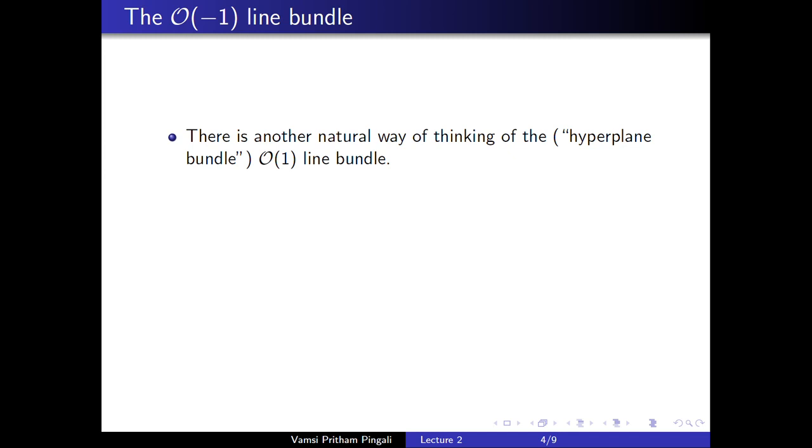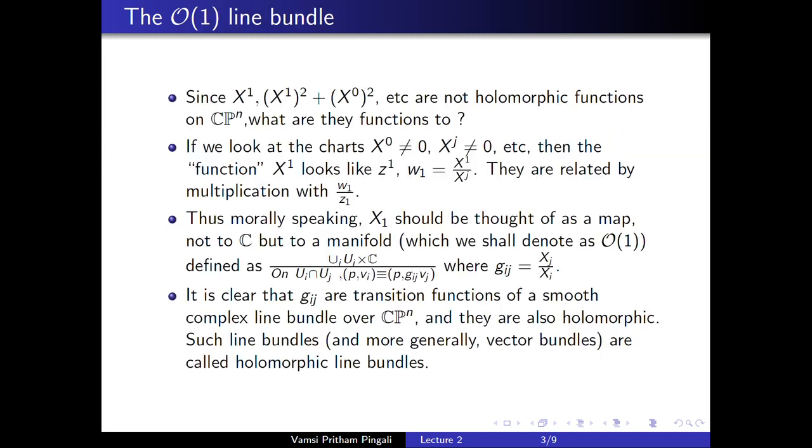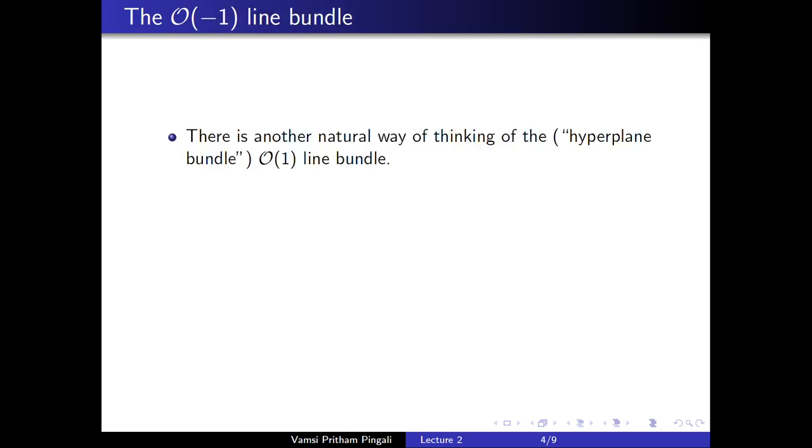There's another way of defining this line bundle if you're not comfortable with this way of thinking about it. This line bundle is sometimes called by algebraic geometers the hyperplane bundle. Given a vector bundle, you can make many constructions of new vector bundles with it.